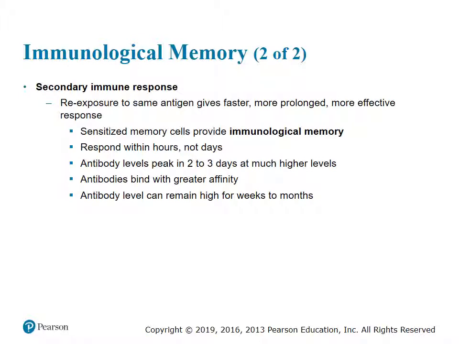Let's see what happens in the secondary or any type of exposure past that. Let's say it's the second time around, right? Those memory cells stick around and they interact with the same antigen again.